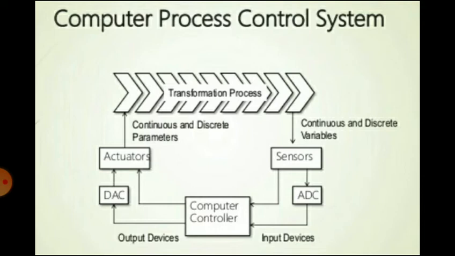So ADC and DAC are the devices required for signal conversion. So the sensors, ADC, DAC, and actuators are the interfacing elements for the computer process control system. Sensors and ADC are the input devices, and DAC and actuators are the output devices.